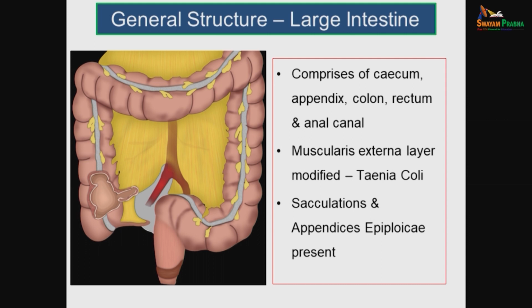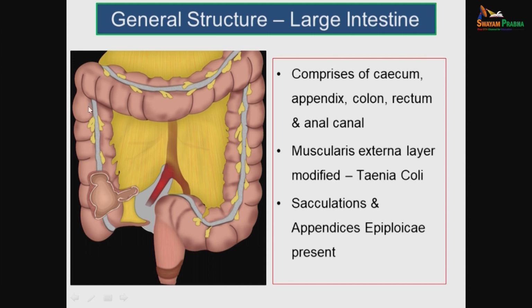With regard to the muscular layer, in the rest of the small intestine, and of course the stomach, there is a small change. If you see the small intestine, it has a circular layer and a longitudinal layer. In the large intestine, the outer longitudinal layer is modified in such a way that it is called the tenia coli.